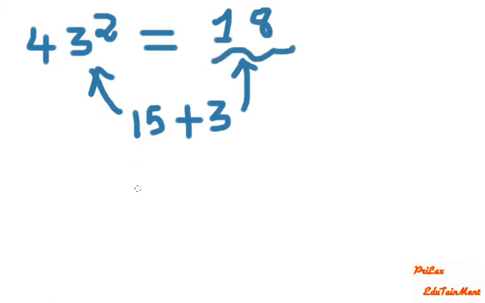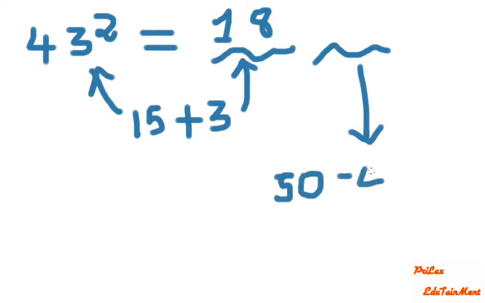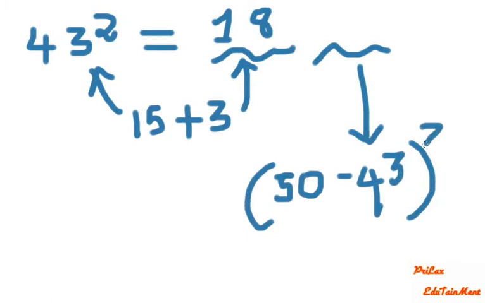Once again, we keep on moving to the next step, that is 50 minus 43, we get 7. Just square that 7. 7 square is 49. So 43 square is 1849. Let us do the remaining sums.